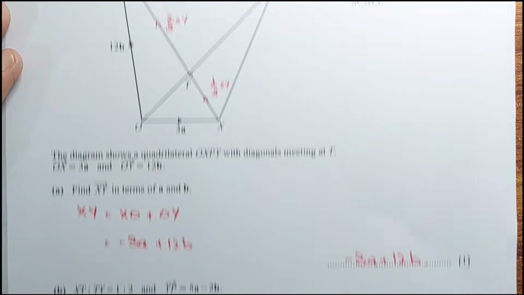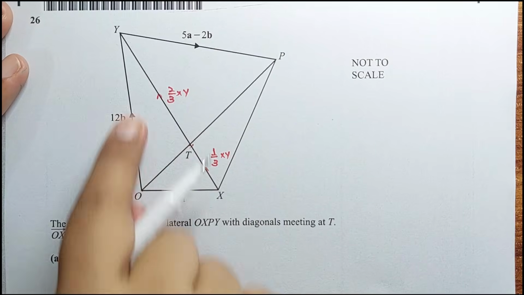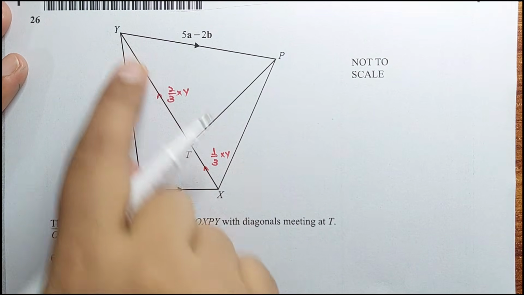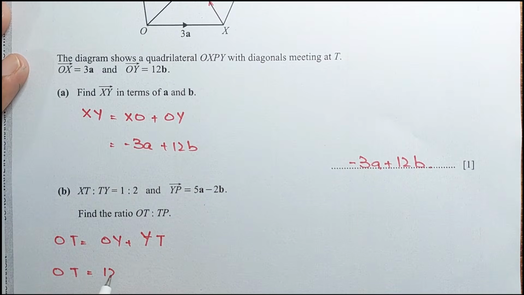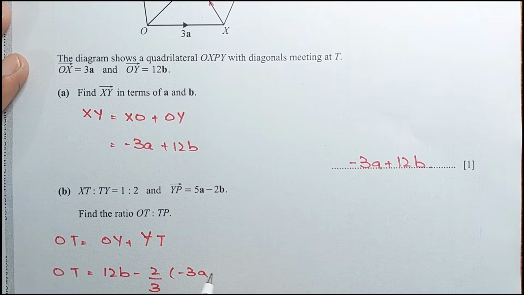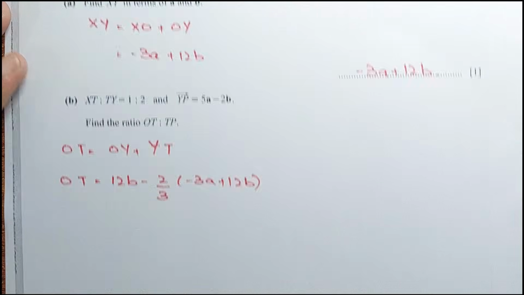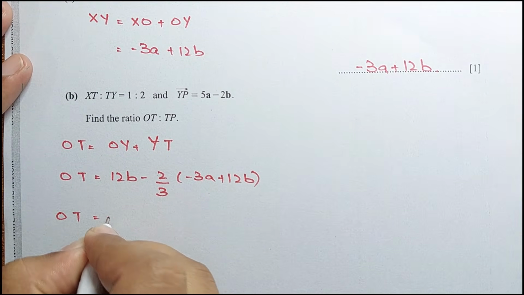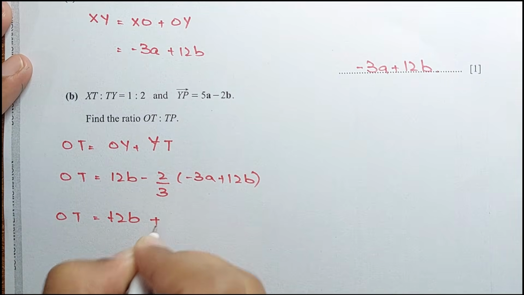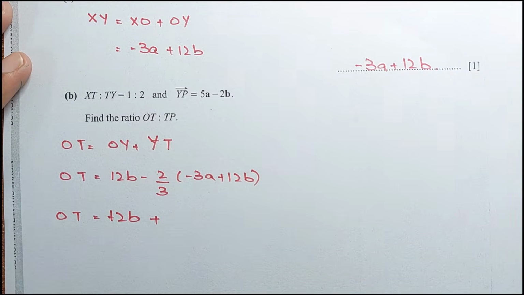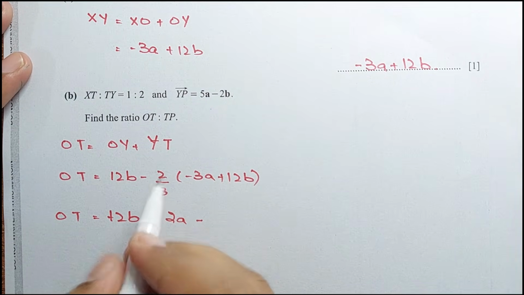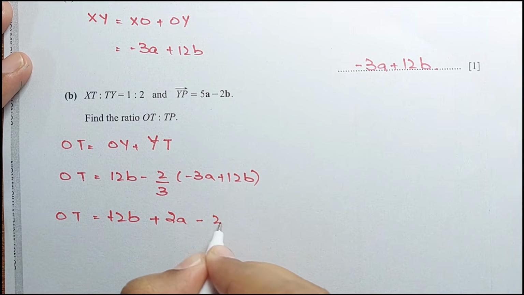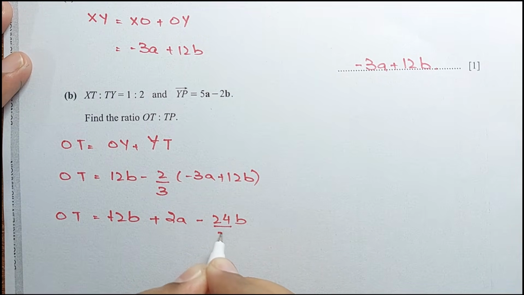OT is O to Y, 12b. Y to T is minus 2 by 3 of XY. 12b minus 2 by 3 of minus 3a plus 12b. Let me simplify. OT is 12b plus, 3 is cancelled with 3 and minus times minus is plus, just 2a is left, and 2 times 12 is 24b over 3.